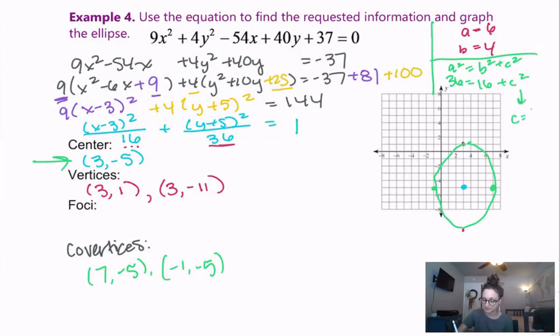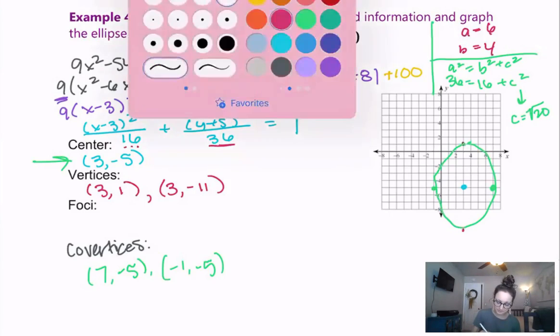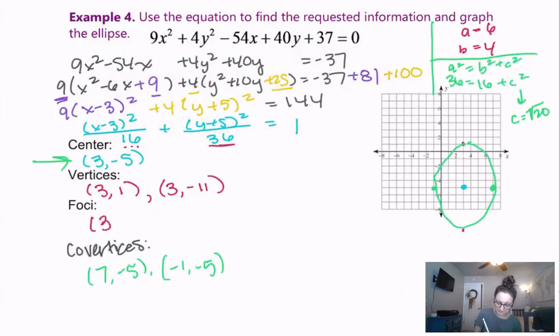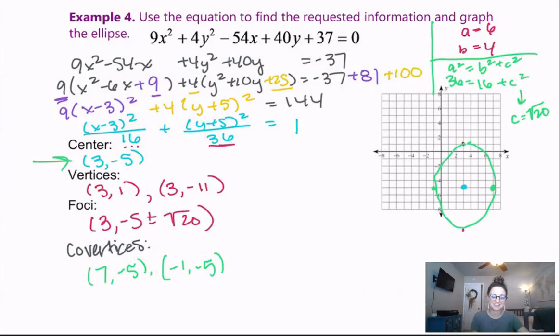So c will be square root of 20. And that will be on the major axis. And remember, that was vertical. So I'm just going to come back to my center and add and subtract square root of 20 to the y coordinate. So that's all you need to do there.